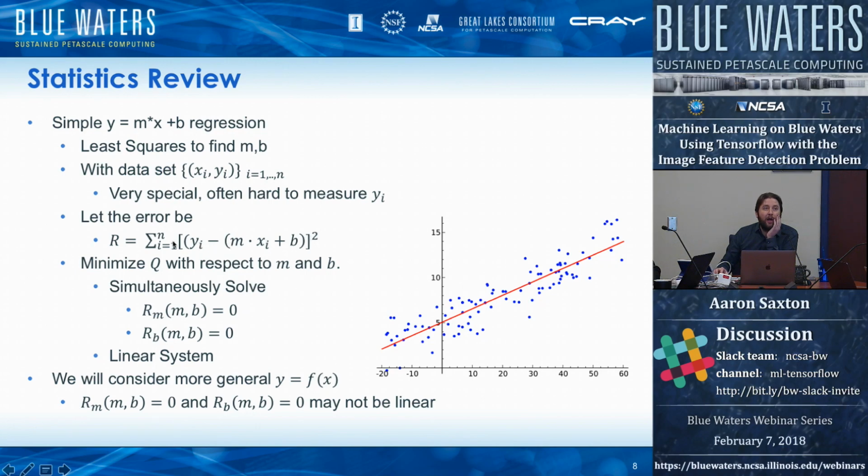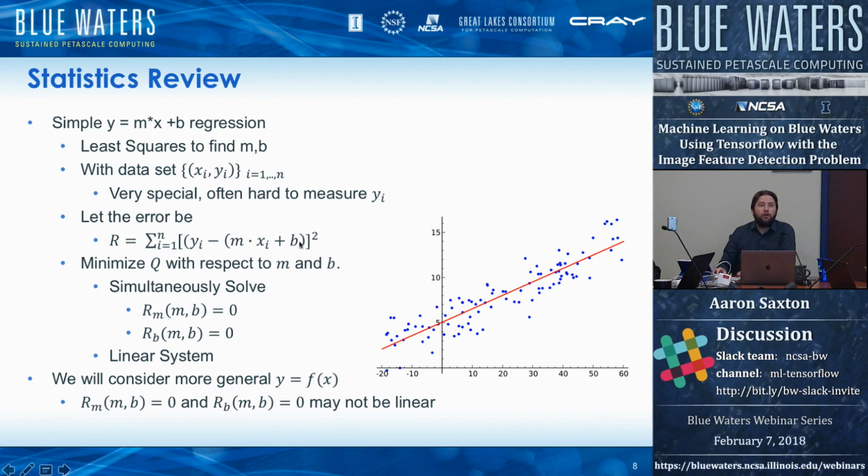We square it, and we sum it. So this is what we're going to use to represent our error, R. Our goal here is to minimize R with respect to m and b.